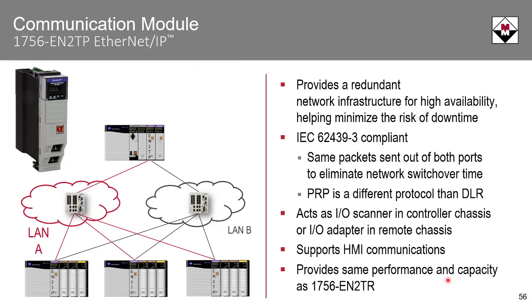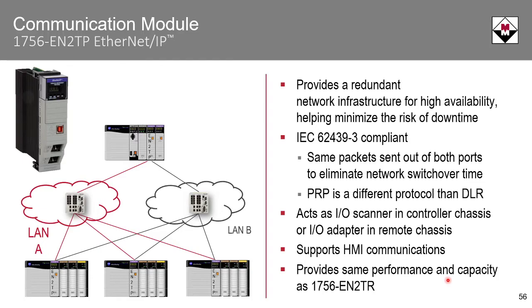This module is ideal for process applications where a customer requires a redundant network infrastructure, and it's also ideal for ControlNet media redundancy migrations. The EN2TP is included in the ControlLogix Redundancy Kit version 31.052, and it has the same performance and capability as the EN2TR.